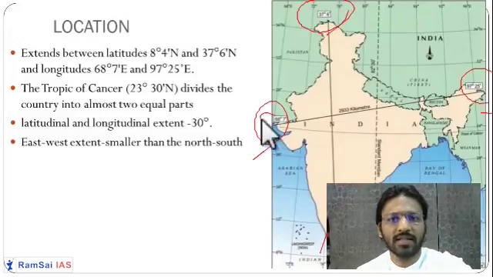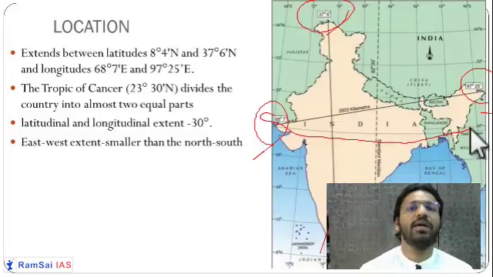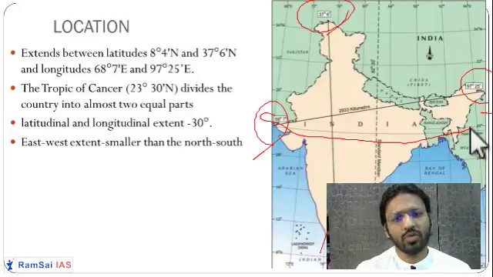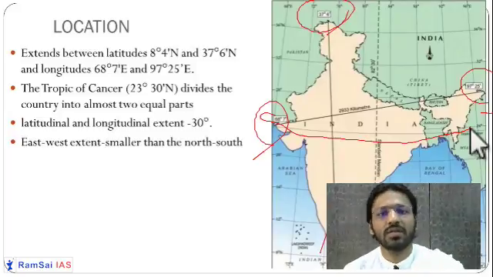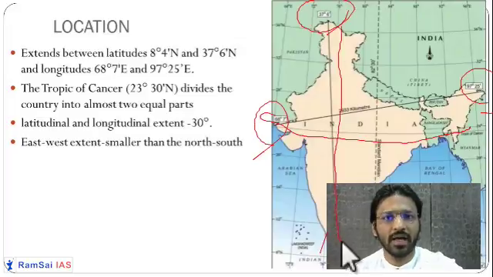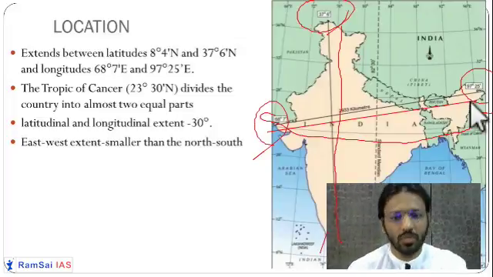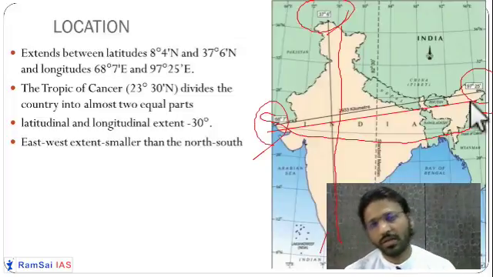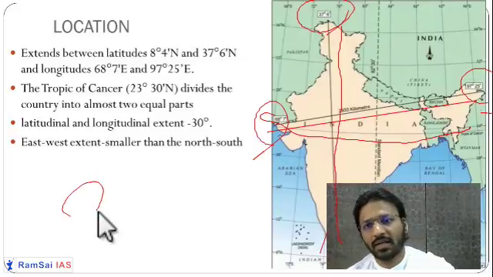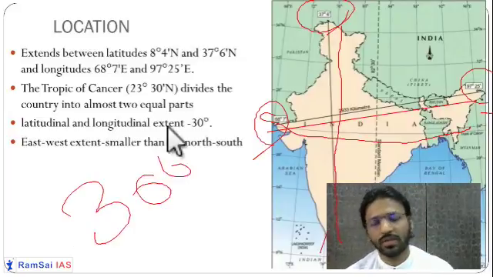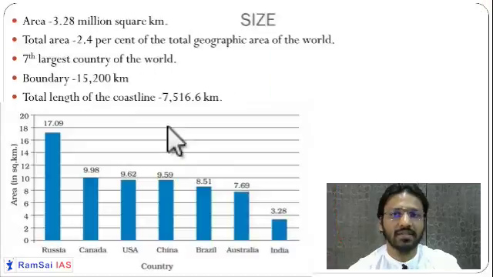The Tropic of Cancer divides India almost into half, going through various states. The north-south expanse of India is more than the east-west expanse. Overall the longitudinal and latitudinal extent is 30 degrees. We have all seen this.